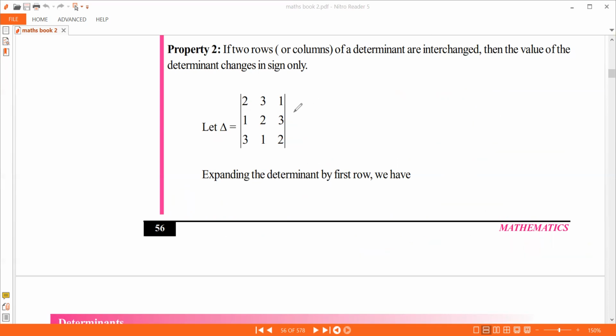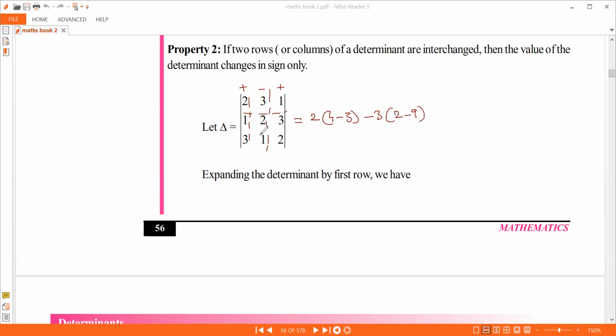So here, start with plus, minus, plus. So it is 2 into 4 minus 3, right? Next, minus 3 into 2 minus 9, right?